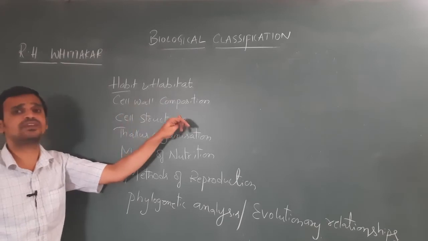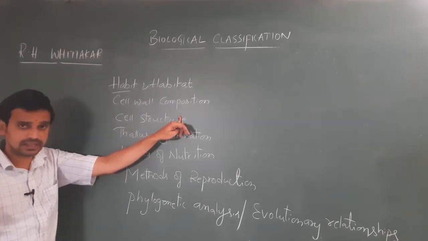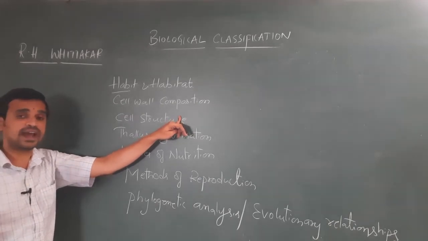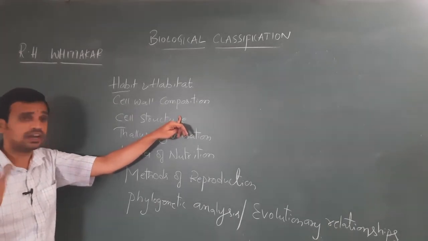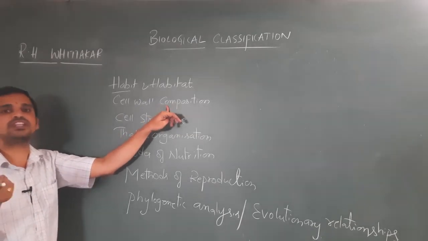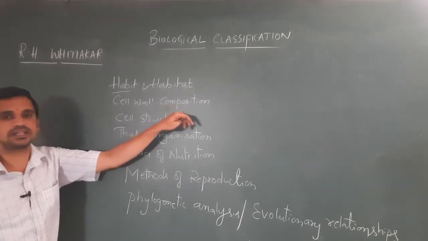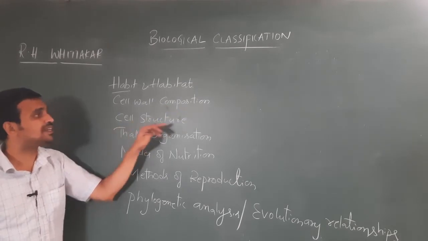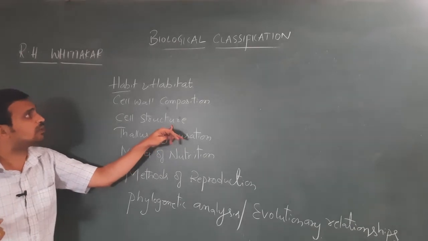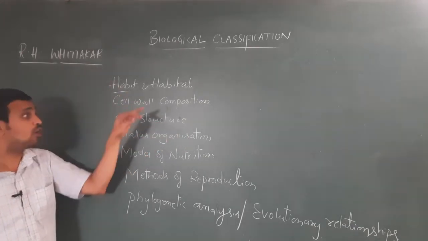Cell wall composition: whether the organism has a cell wall or not, and if present, what is the composition of the cell wall, made up of which type of chemical. Cell structure: how the cell structure looks also has to be taken to classify the organisms.